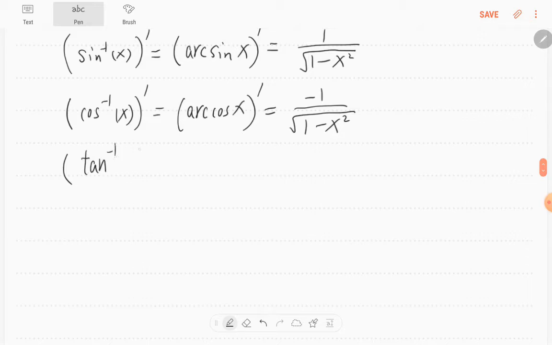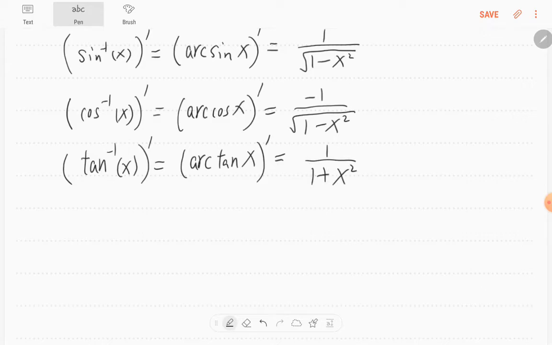Tangent inverse. This is not a negative 1 power, okay? It represents the inverse function. The derivative of arc tangent x is equal to 1 over 1 plus x squared.